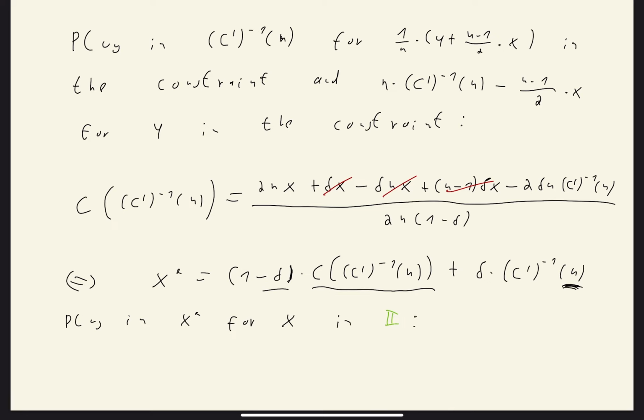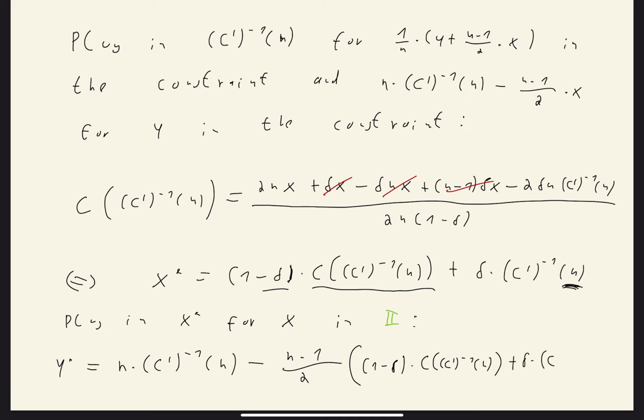And what we get then is the optimal transfer of the legislator to himself, so y star, and this is equal to n times c prime minus 1 of n minus (n minus 1) divided by 2 times 1 minus delta, times the transfer to the other legislators in the minimum winning coalition. So then c prime minus 1 of n plus delta times c prime minus 1 of n.